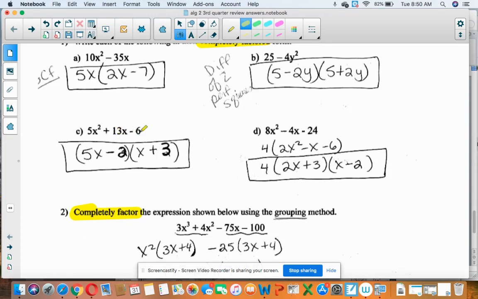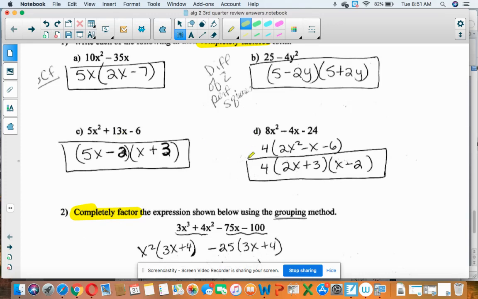There's a couple different combinations that give me 6, like 1 and 6, or 2 and 3. It turns out to be 2 and 3. It's very important where you put the 2 and the 3, though, because whatever number you put here is actually multiplied by 5. So 5x times 3 is 15x, and negative 2 times x is negative 2x, and that's how it combines together to give me this 13x in the middle.